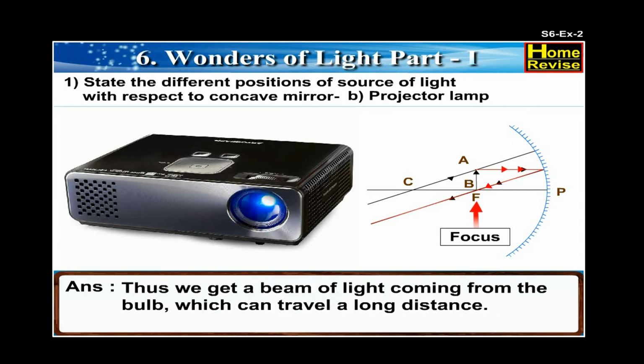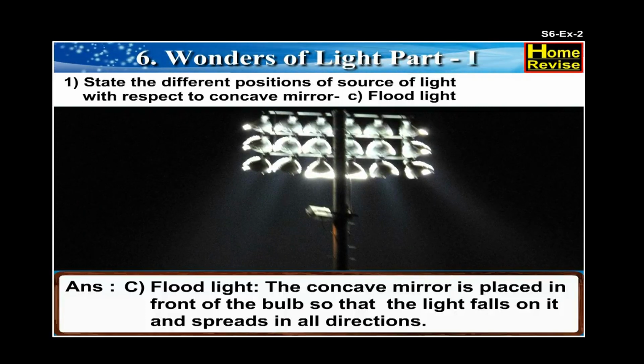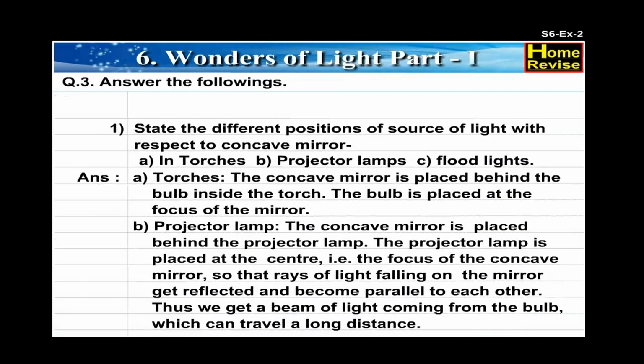Thus we get a beam of light coming from the bulb, which can travel a long distance. Floodlight. The concave mirror is placed in front of the bulb so that the light falls on it and spreads in all directions.